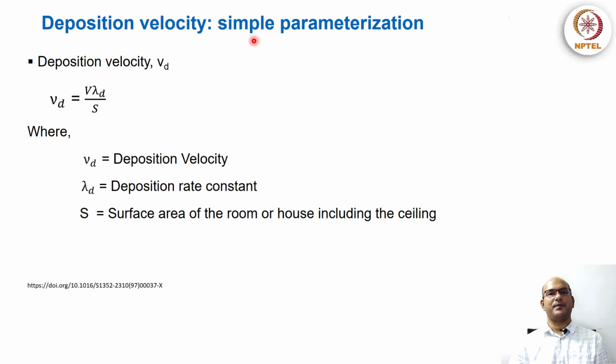In a simple parameterization, a deposition velocity is just given as a function of the deposition rate constant. So Vd will be the volume of the room multiplied by the deposition rate constant divided by the surface area of the room.